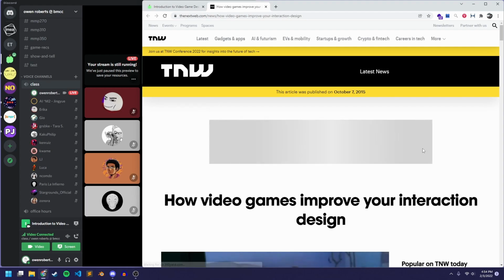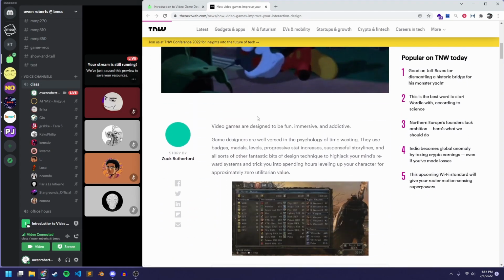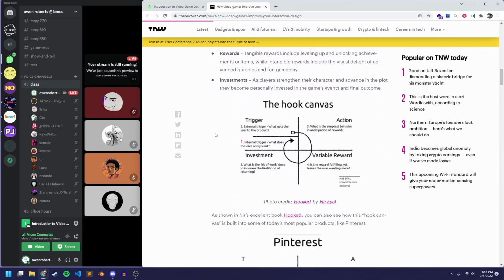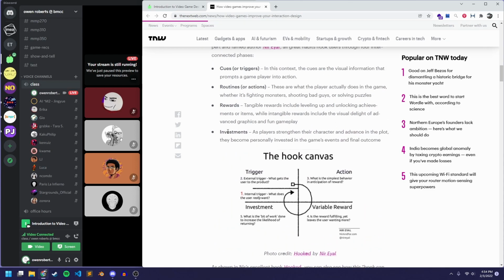This is an article about interaction design, but it's talking about it through the lens of video games. And I think this is something that's interesting to read in terms of thinking about onboarding players into the game, which is something that interaction designers have to think about. How do we get people to interact with our product or our website or our software in a way that they're encouraged to learn the tools and they understand everything that's going on?